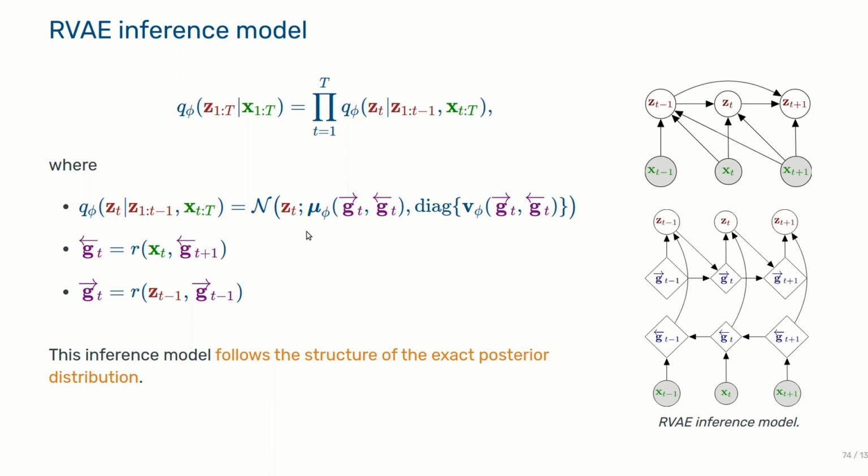The forward recurrency encodes the previous latent codes, and the backward recurrency encodes the future observations. In this way, we can account for all the dependencies of the exact posterior. We remark that the forward recurrency of the inference model is different than the one of the generative model. This is also an implementation choice.